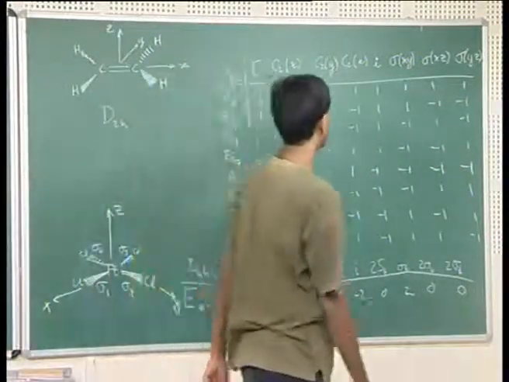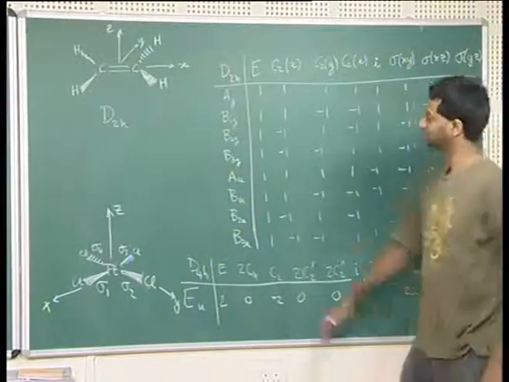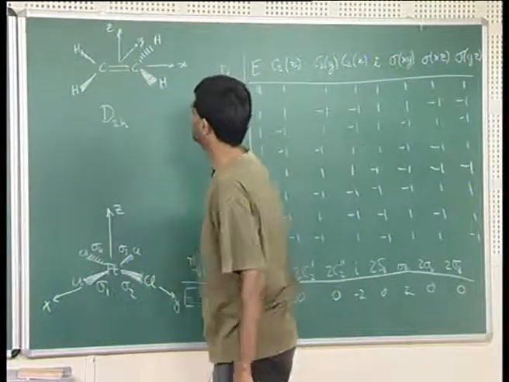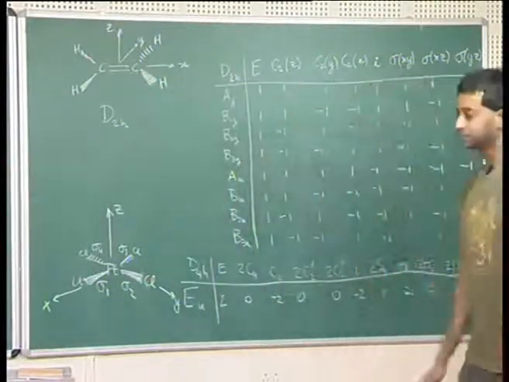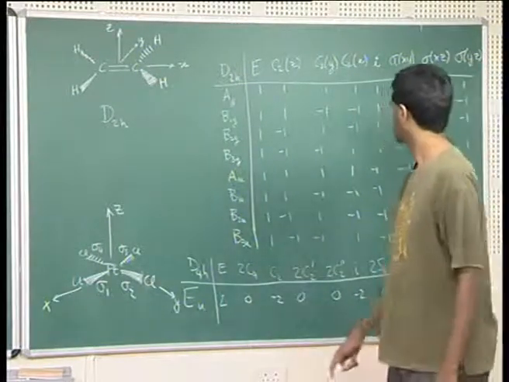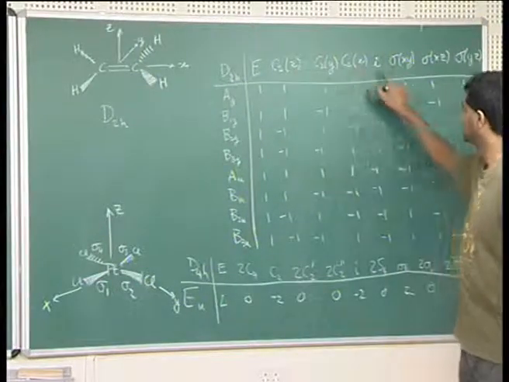Okay, so it has a center of inversion. It has 3 sigma planes. So each of the xy plane, the xz plane, and the yz plane, they are all planes of symmetry. Okay, so now if you work out the classes, it will turn out that there are 8 classes.